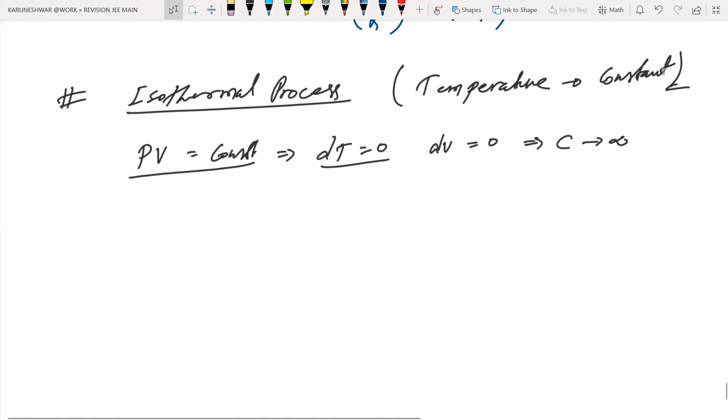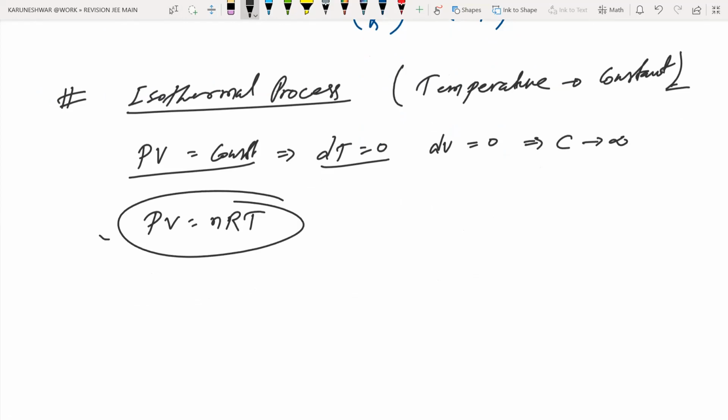This is the molar specific heat capacity, and that will be infinity. We have the relation PV equals nRT, and on the basis of this relation, we can write P as nRT by V.